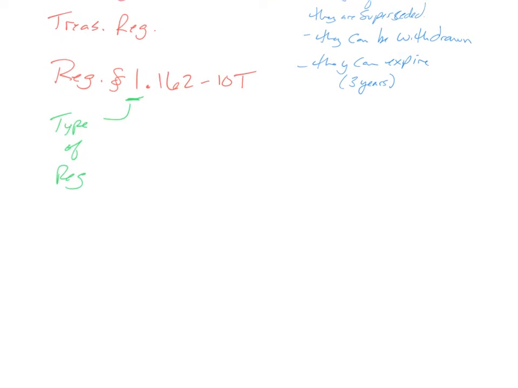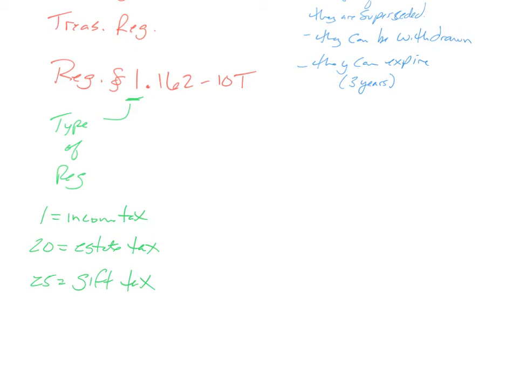One, for example, is income tax. All right, we see that one a lot. 20 is estate tax. 25 is gift tax. 31 is employment tax. All right. So that first number is very important from a citation perspective.